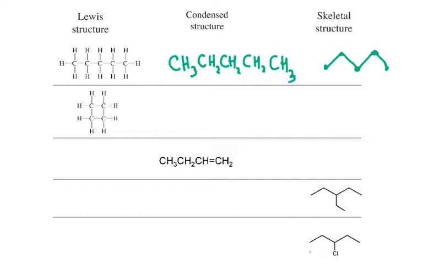I think it is pretty standard to make your line go up and then down, but it would not be wrong to draw the same molecule like this. 1, 2, 3, 4, 5. That's 5 carbons. They're the same thing. One is drawn with the zigzag starting down, one's drawn with the zigzag starting up. It doesn't matter as long as you have 4 bond lines representing 5 carbons. And those hydrogens are all there. They're just invisible. They're assumed.